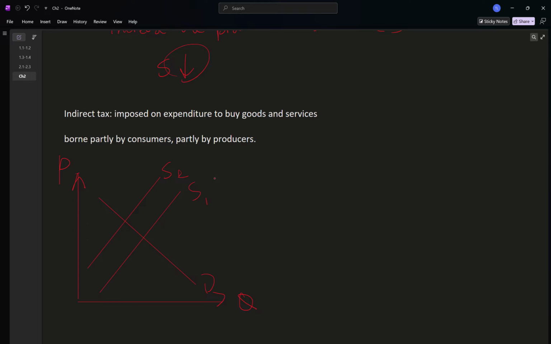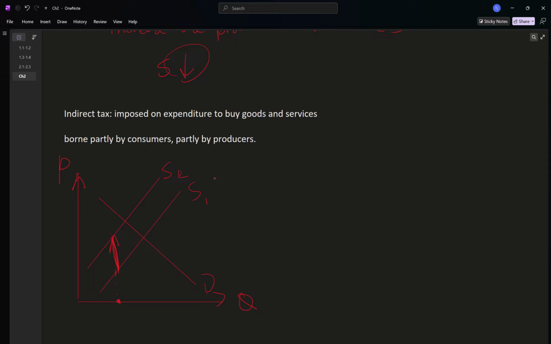So how do we show the amount of tax imposed on the graph? We use the vertical difference between S2 and S1. This is a little bit of math, but I want you to understand. You are selling the same quantity, but if we randomly choose a point on axis Q, you have to pay this much more price.